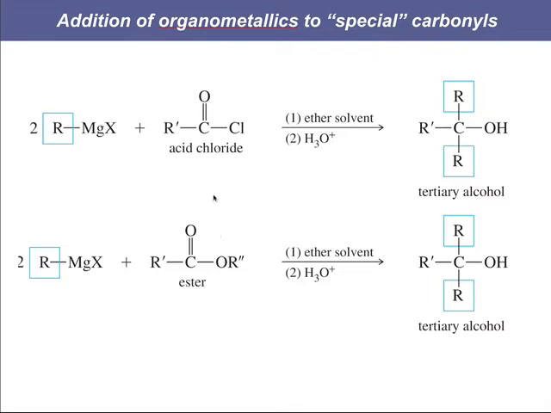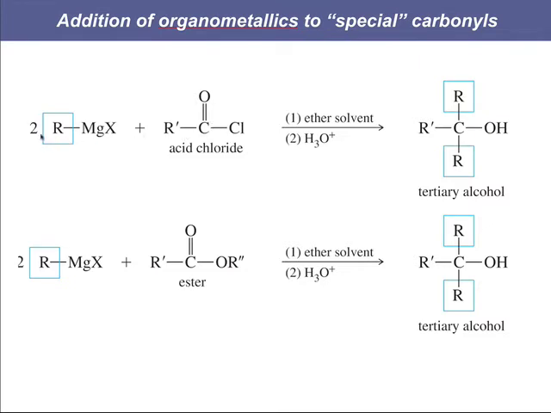The reason I call these special carbonyls is because when you have a Grignard nucleophile or a lithium reagent nucleophile, remember those are interchangeable, you get double addition to our carbonyl carbon.